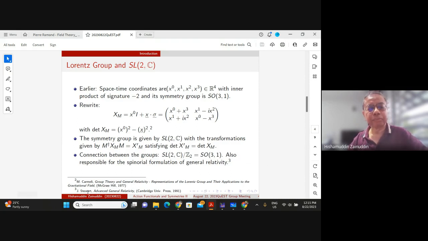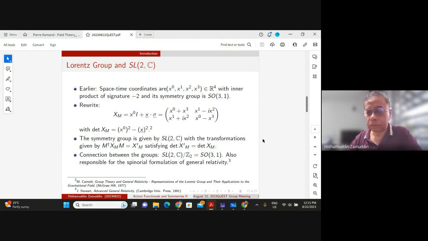He has a book that talks about how you go from the ordinary differential geometry formulation of general relativity to the spinorial one. So you can just look it up.